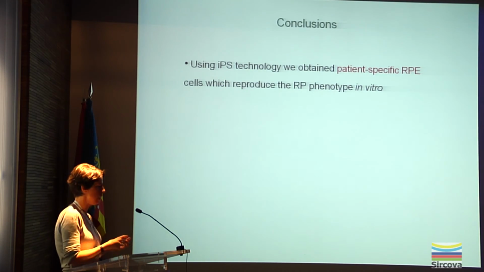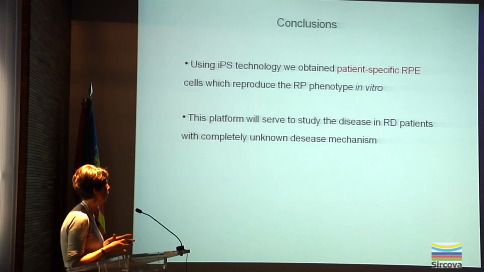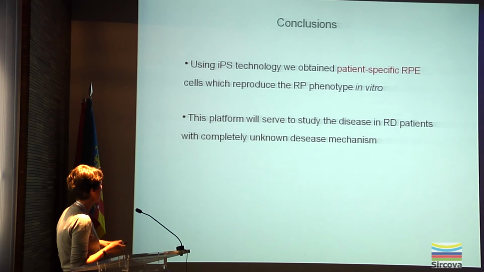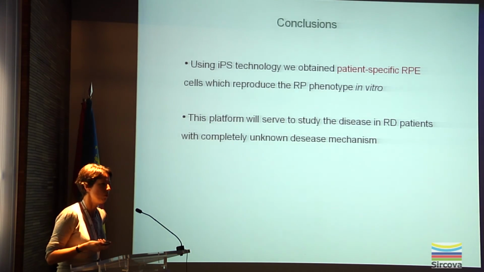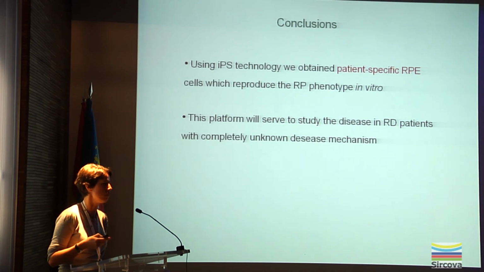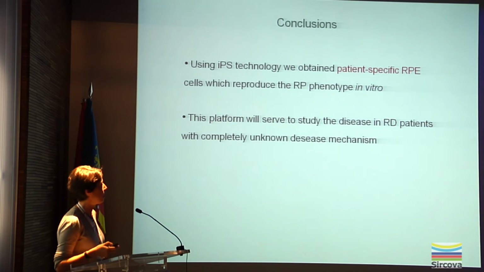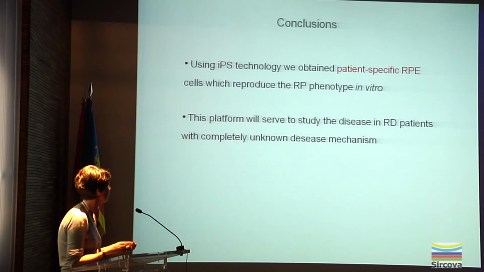But the value of this strategy is that we can use this approach in future for diseases in RD patients with a completely unknown disease mechanism. For example, retinitis pigmentosa caused by splicing factor mutations, where we don't know the disease mechanism at all. By observing the phenotype, we would go back and study the disease mechanism.